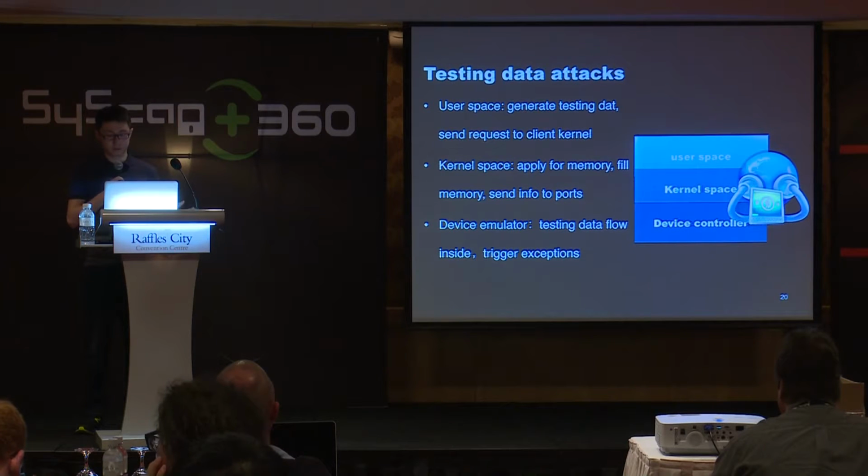The second step is that the client kernel applies for memory according to the request, fills out the memory, and sends out memory information to specified ports. And we can say the main functions of the client program are getting target components, generating testing data, and sending test data. Additionally, it sends the logs to the server of the controlling center in time.